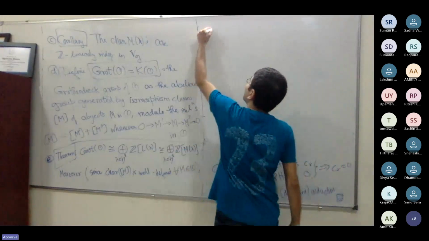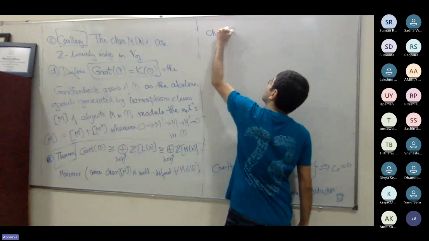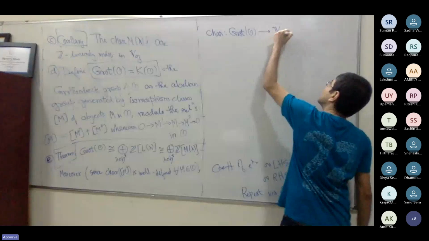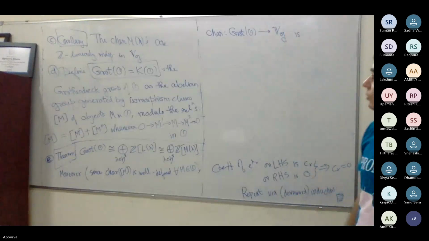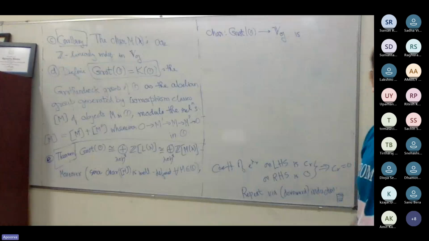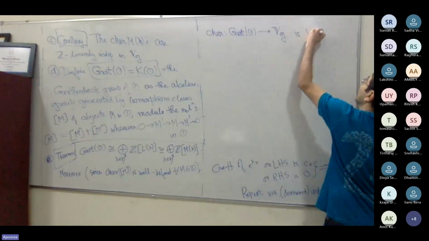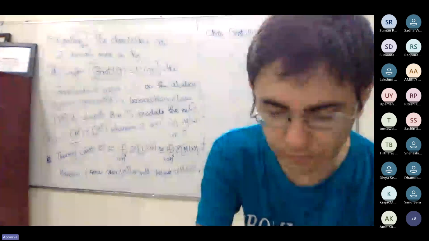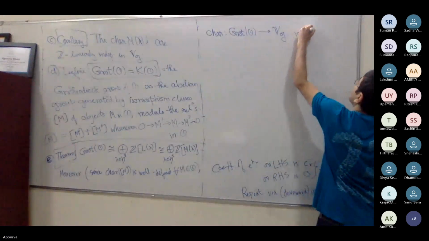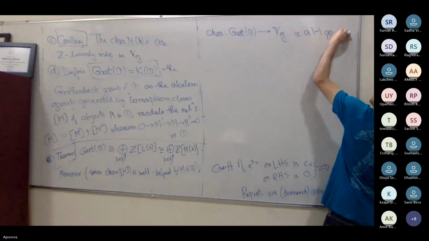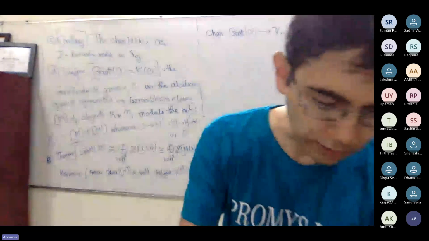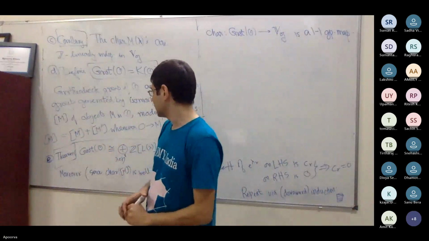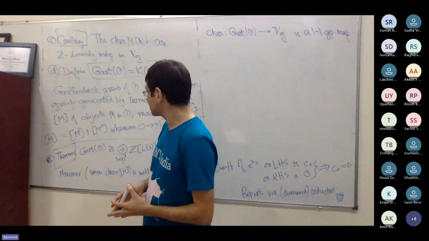Consider that map from the Grothendieck group to this vector space VG. It is a one-to-one group map, an injective group homomorphism. This is the theorem: really the character of the isomorphism class is in some sense the same.